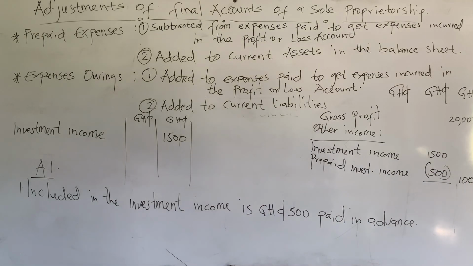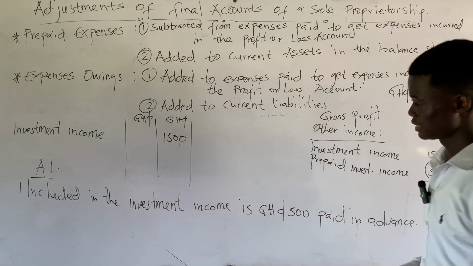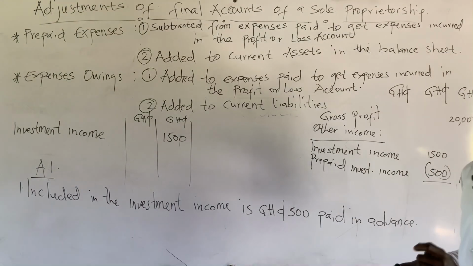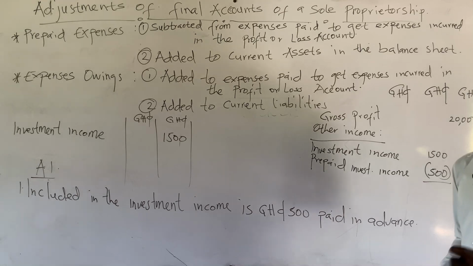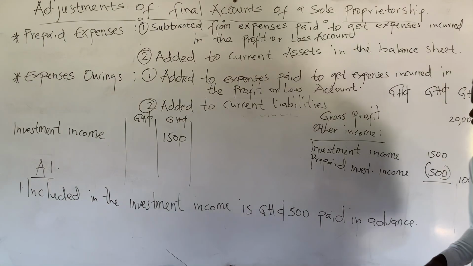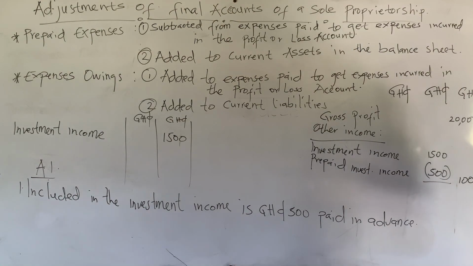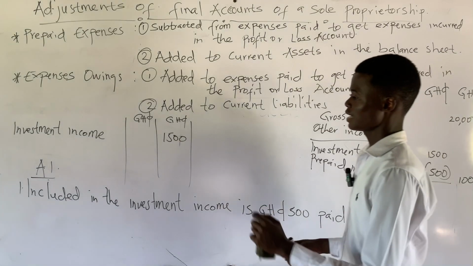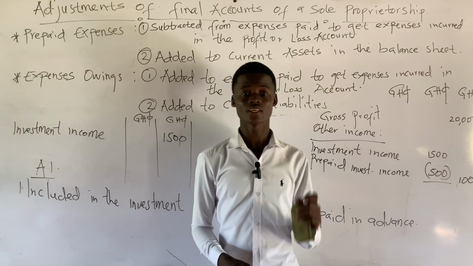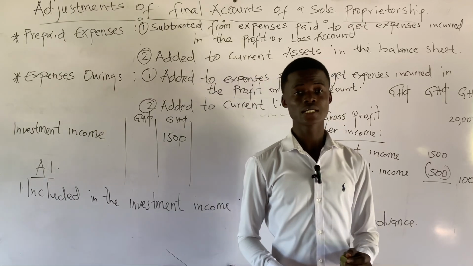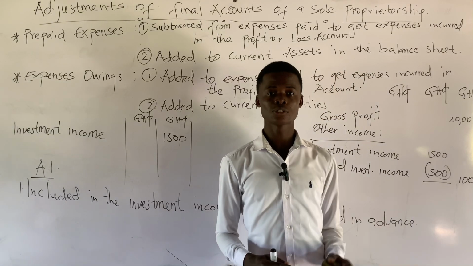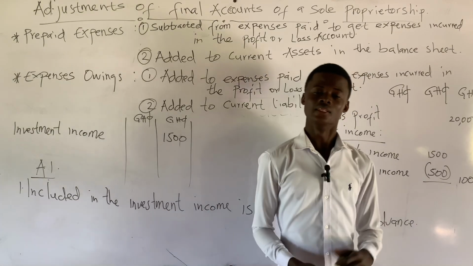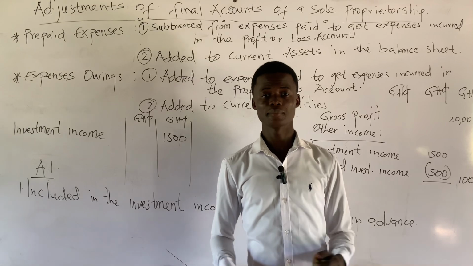So the first treatment of prepaid revenue is that the prepaid revenue will be subtracted from the revenue received to get your revenue earned. And the revenue earned is the one that will be added to the gross profit. And since we said that items in the additional information need to be treated twice, the second treatment of prepaid revenue is that because we've not earned the revenue but we've received it, that revenue is our liability.